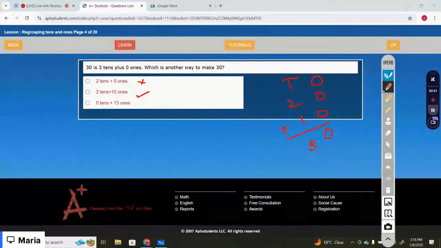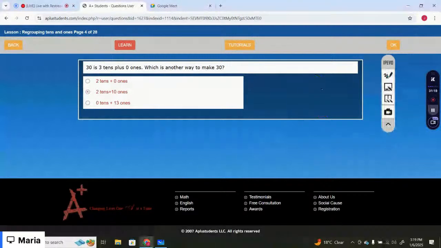When you add, that makes 30. Got it? So option number 2 is the correct option, 2 tens and 10 ones.